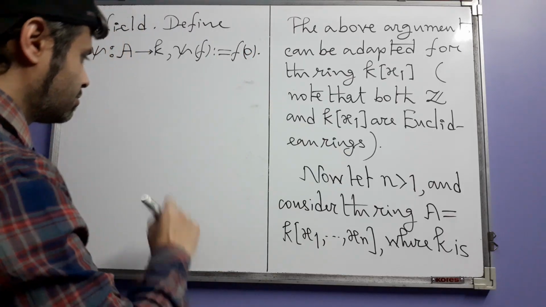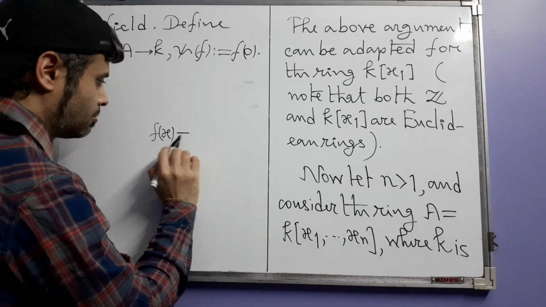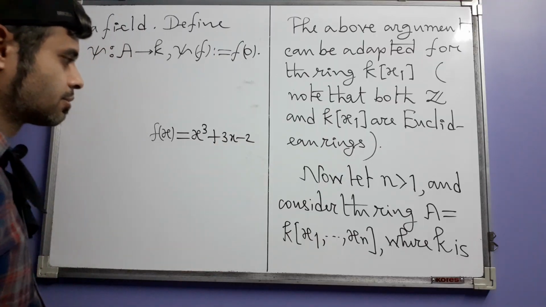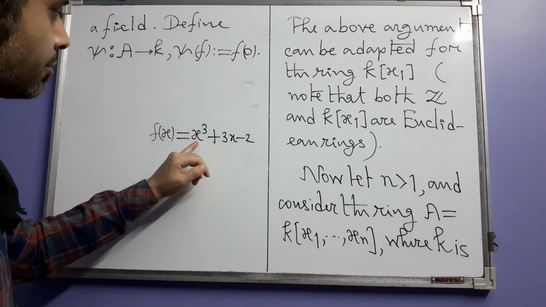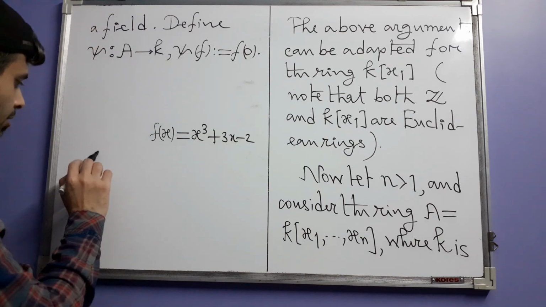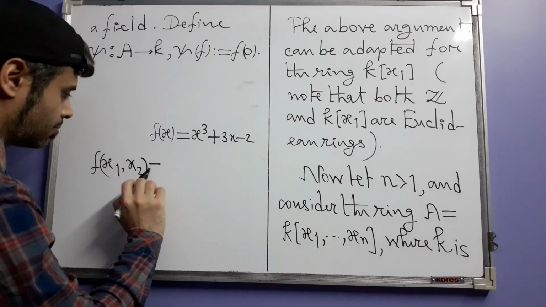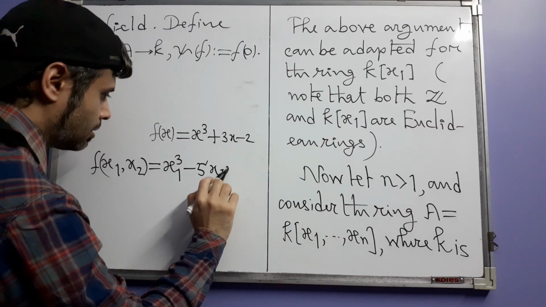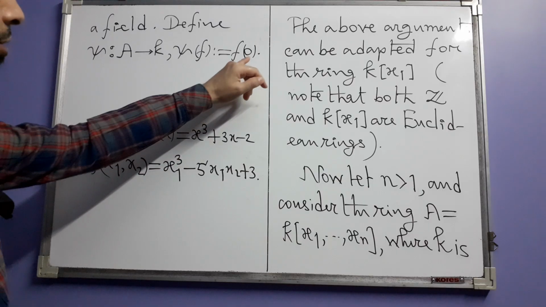When you say f of 0, say you have a single variable polynomial, say x cube plus 3x minus 2, this cubic polynomial. If I say f of 0, you know what it means. You have to substitute 0 for x and you will get minus 2. If instead I have a polynomial like x1 cube minus 5 x1 x2 plus 3, what does it mean to have 0 here?